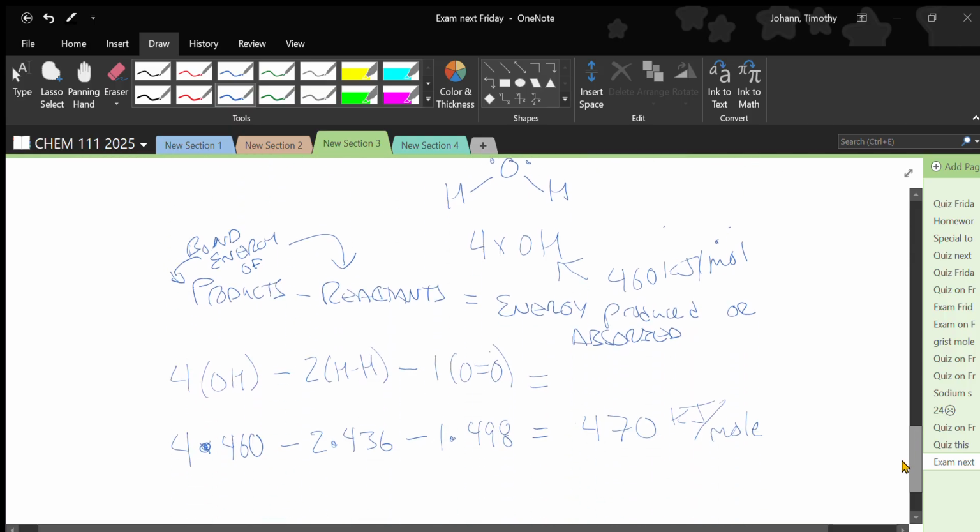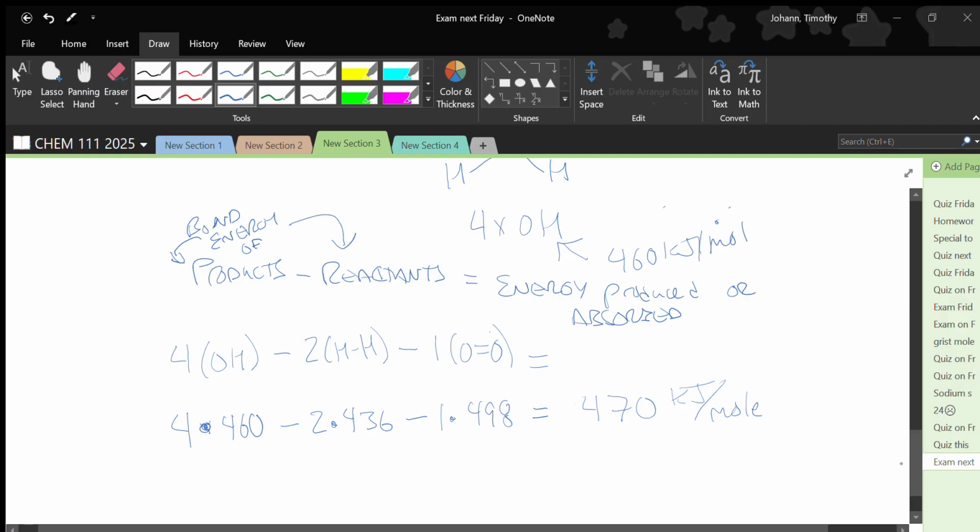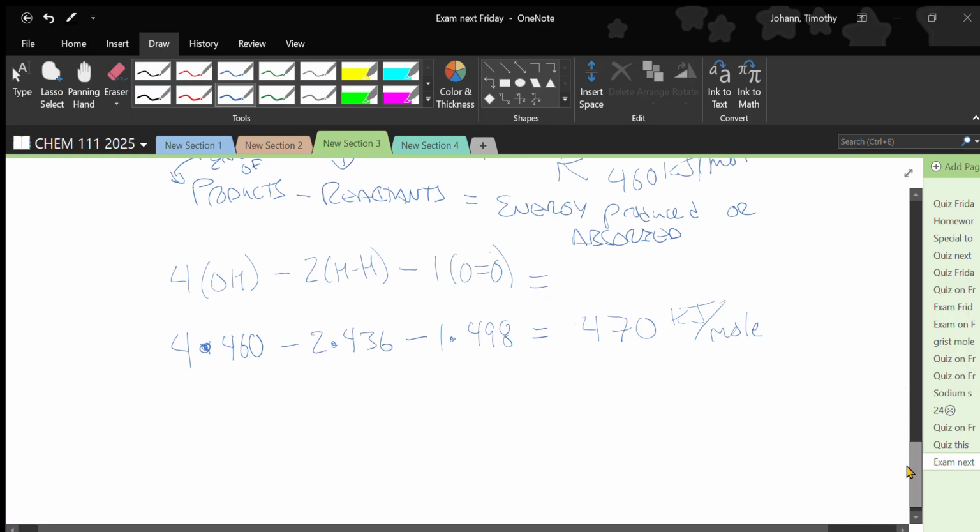Okay, well, that's how you would solve that problem. I'm surprised it's not negative. I will get back to you on it. But in general, in chemistry, if there's a negative sign out here, it means energy's given off. And I know this reaction gives off energy, so I'm a little confused, but I'll figure it out and get back to you on Monday.